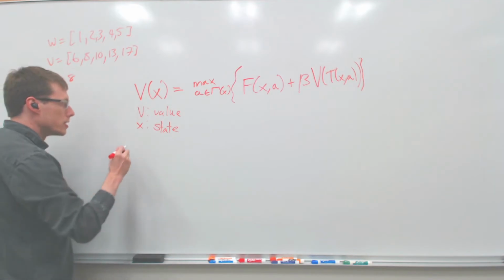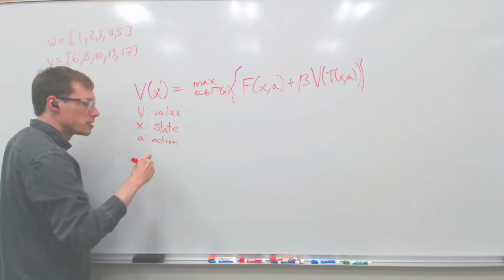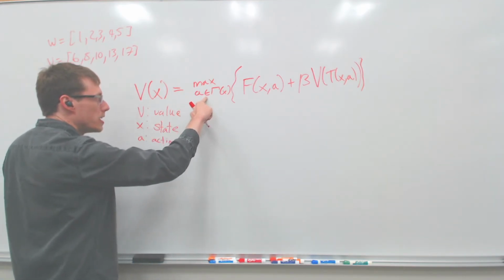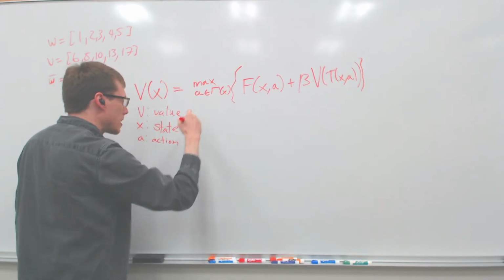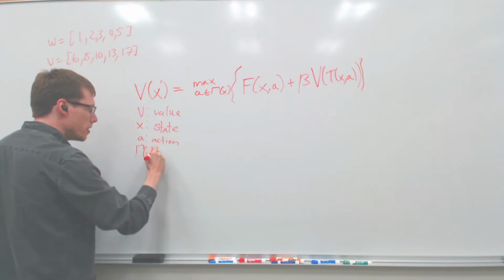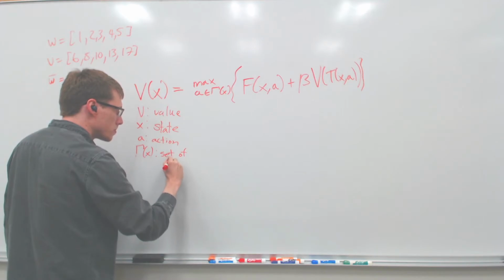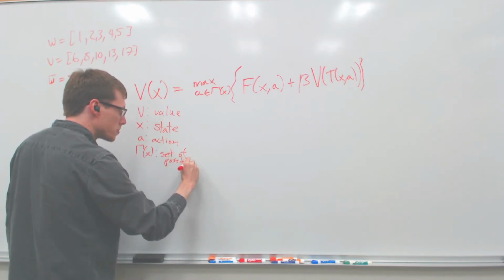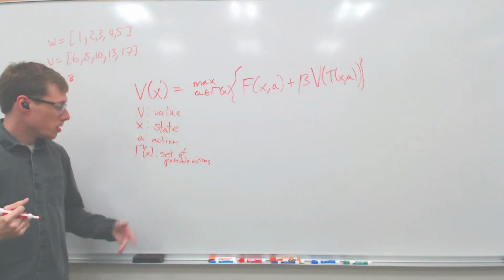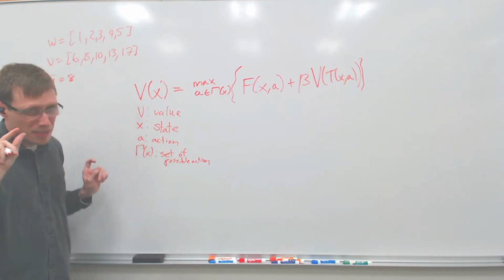Then what you have is a is our choice of action or our policy. This is, in our case, include or don't include. And it has to be a member of this set. So what this says is, given our current state, there is a set of possible actions. In our case, you can think of it as, the set of possible actions are include or not include, but it actually slightly depends.